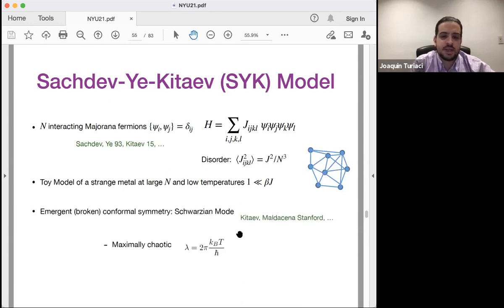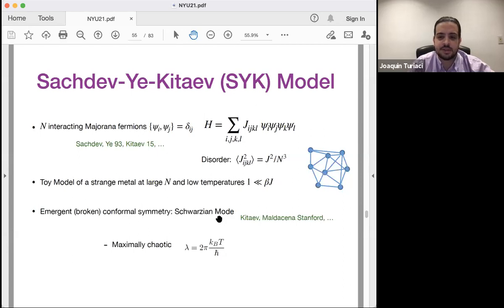And Kitaev, and in more detail later, Maldacena and Stanford and other groups, showed that this theory at low temperatures reduces, in the limit of low temperatures, to a Schwarzian mode, just like the JT gravity one. And this implies automatically that it will have all the features that I just mentioned. In particular, it will be maximally chaotic.